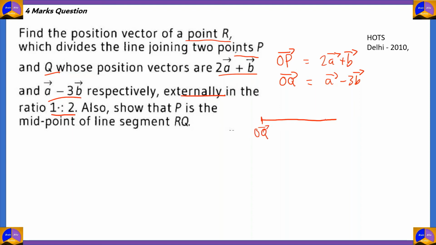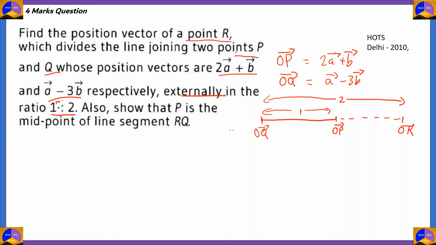So this is the point Q, and this is the point P. Now we have to find the position vector OR of an external point R, such that the divided ratio is 1 to 2. So this is the external ratio given. This point divides the line externally. It basically extends the line in such a way that we get the external ratio 1:2.